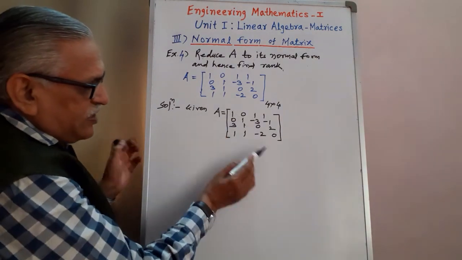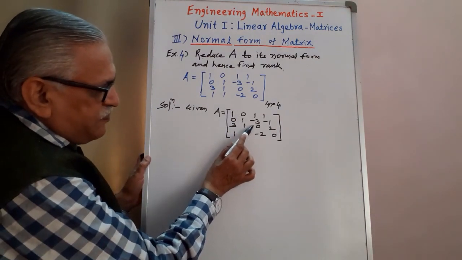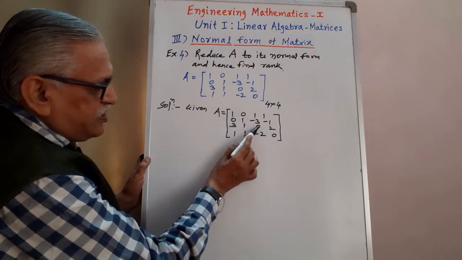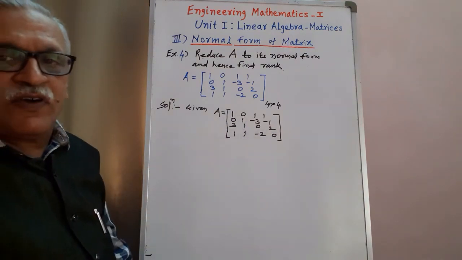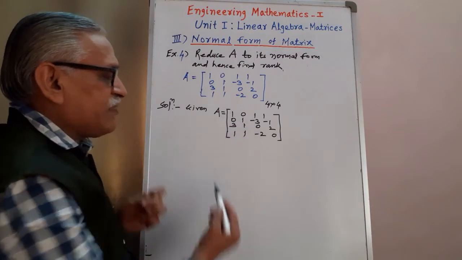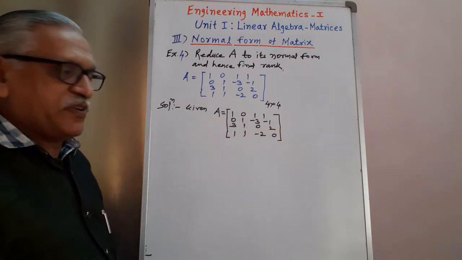Then as usual we try to convert all the principal diagonal elements 1 2 3 4 to 1 each and lower to 0 by applying elementary row transformation.